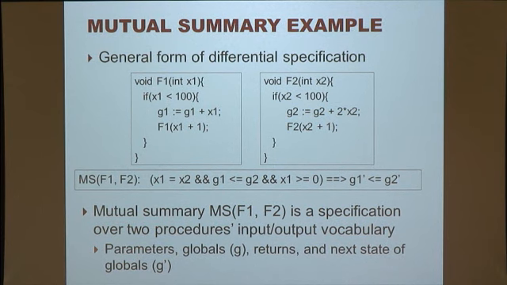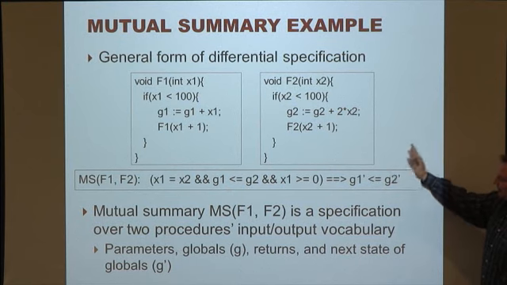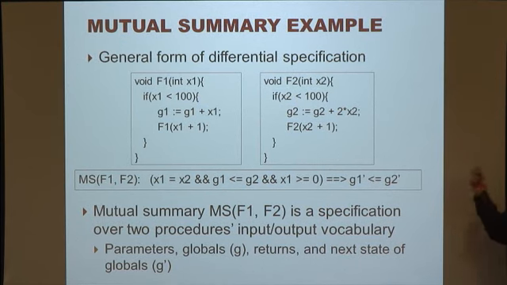So it connects these two procedures, and it talks about a specification over these two procedures. And it includes parameters of both of them and globals on the input and output, and also the return value.